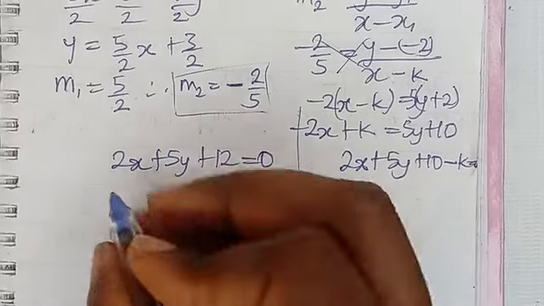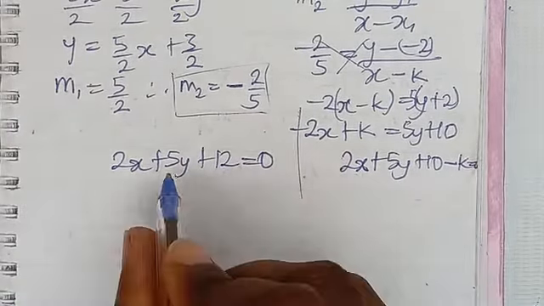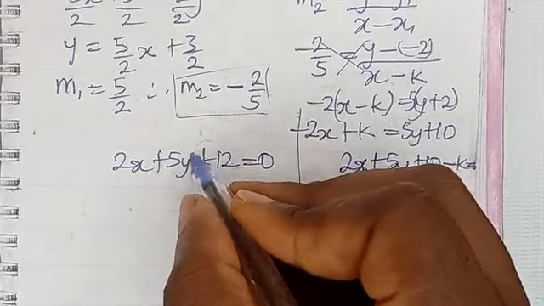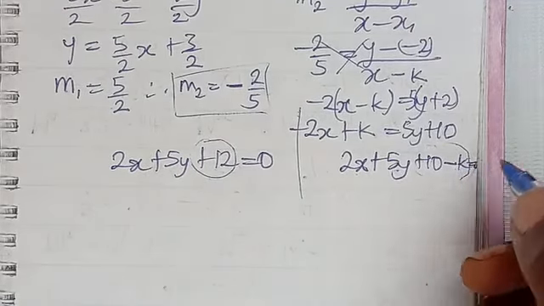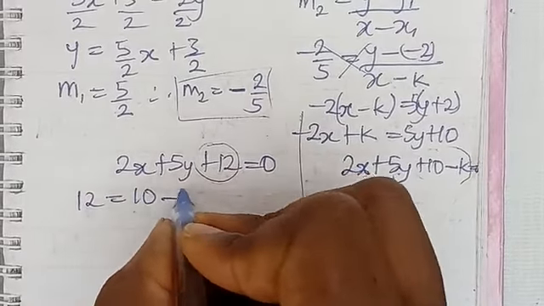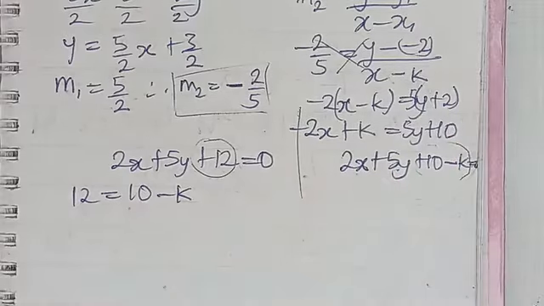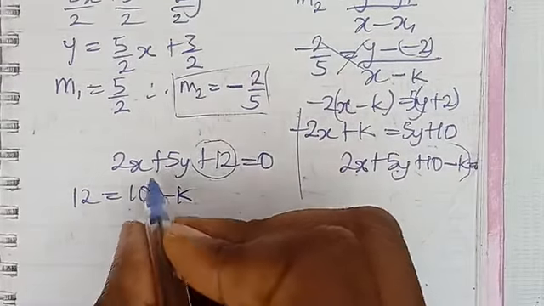So having that, let's compare directly. When we compare directly, we are going to see we have 2x, 2x, 5y, 5y. Then this plus 12 is what is represented by plus 10 minus k. So we have that 12 is equal to 10 minus k. When we solve this, we can find what k is. Okay, so let's collect like terms.